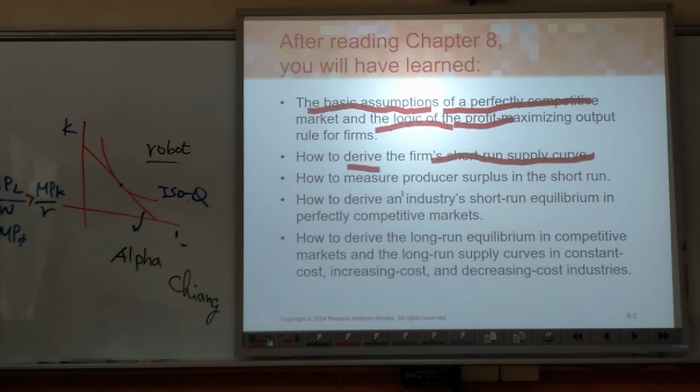And then there is a concept called producer surplus. Even though we have mentioned it last semester, here it shows you a little bit different calculation of how to get producer surplus. And you're going to get industry short run equilibrium, and of course from short run you're going to get long run.